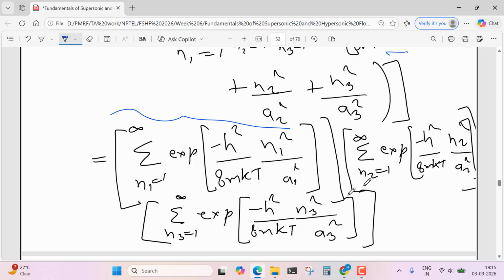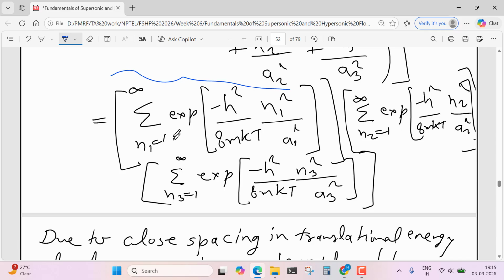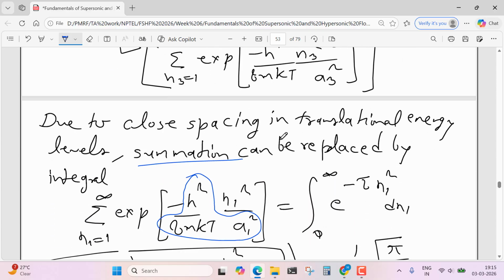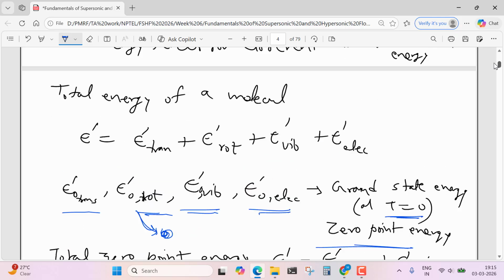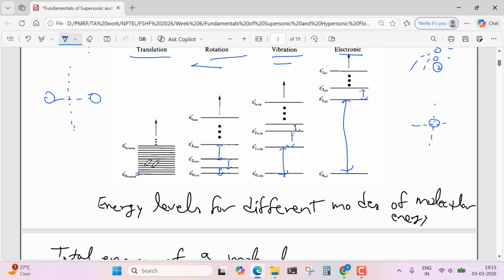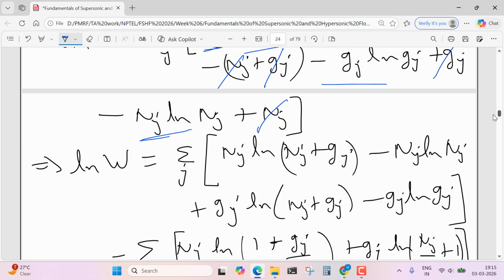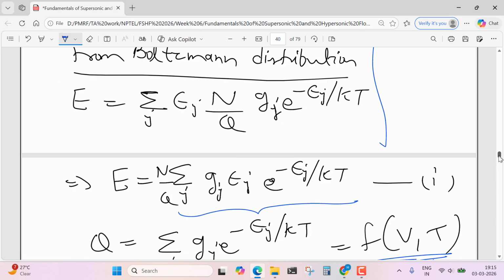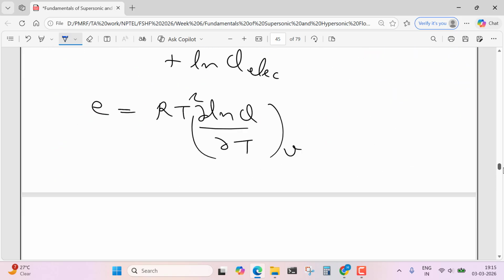So these three terms are almost the same, so we'll find only one term, which is sigma n1 equal to 1 to infinity e to the power minus h square upon 8m kT n1 square upon a1 square. Now we have seen before, at the start itself, that the spacing between energy levels is very small for translation energy. So what we can do is write this summation in terms of an integral.